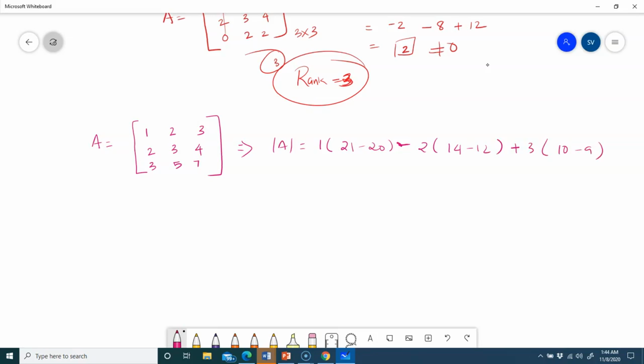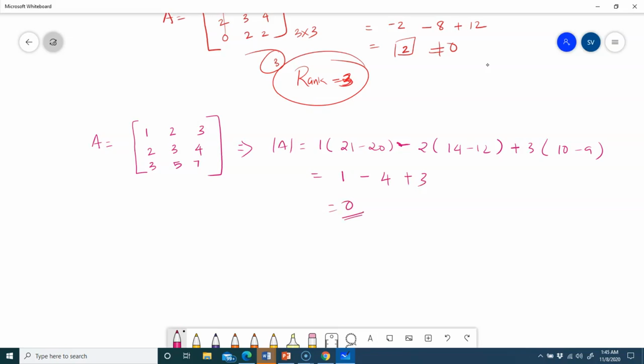I believe you know how I did this. 21 minus 20 is 1, so 1 minus 2 times 14 minus 12, which is 2, 2 times 2 is 4, plus 3 times 10 minus 9 is 1, 1 times 3 is 3, so 4 minus 4 is 0. This is 0.